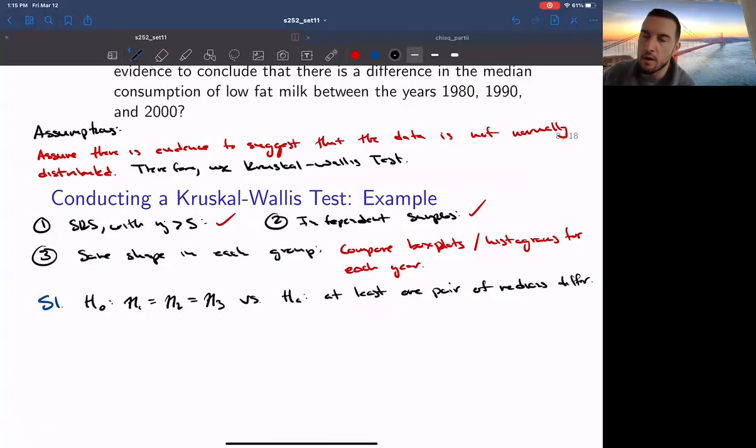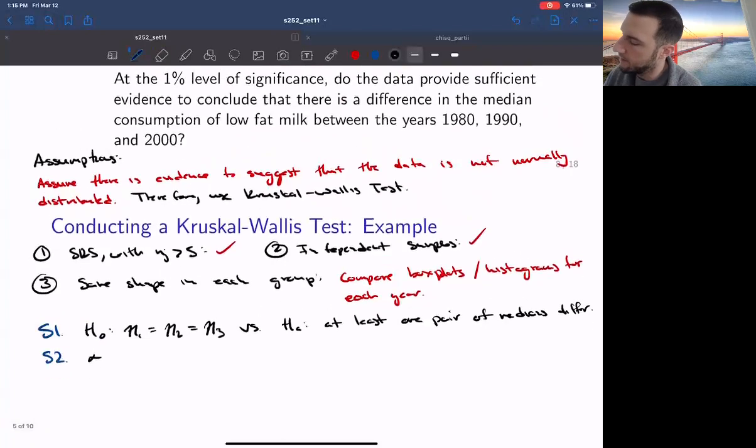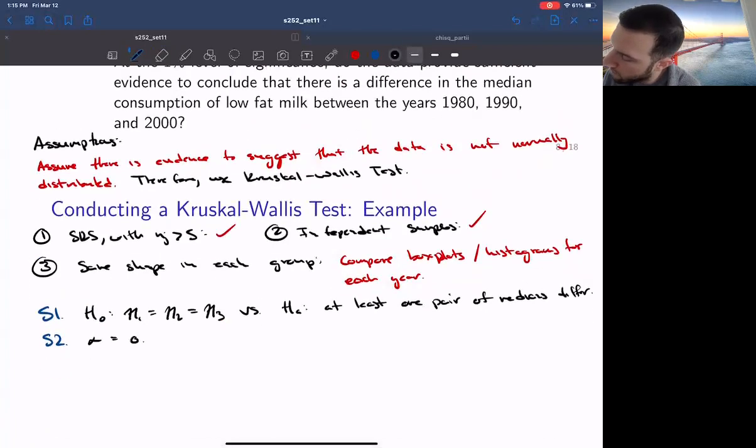You could also say not all medians are the same. That would be the same alternative. Then on step 2, we have our significance level, which is the 0.01 level in this case. We're being fancy.